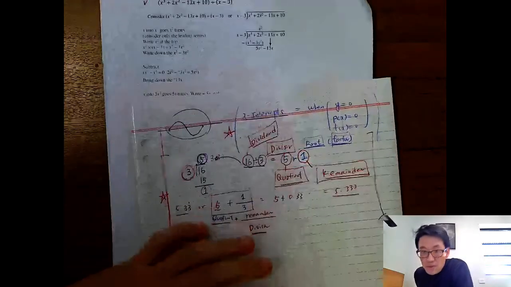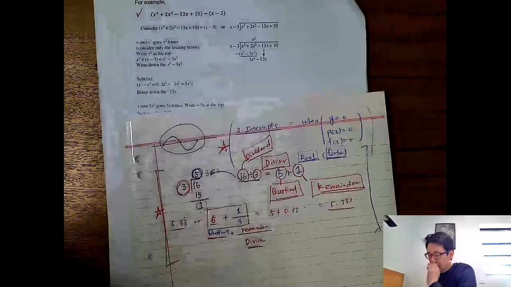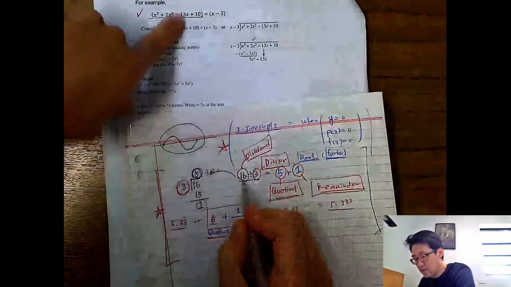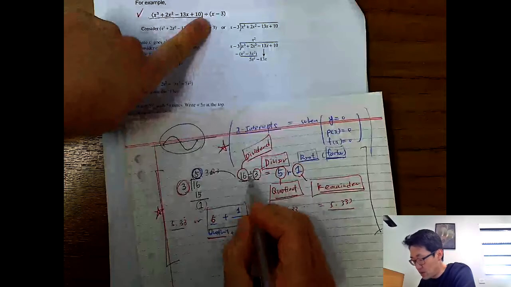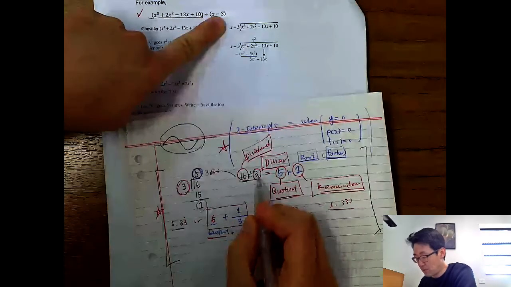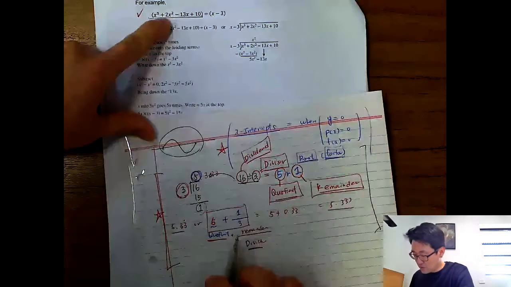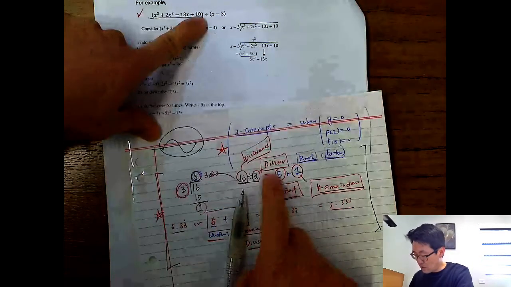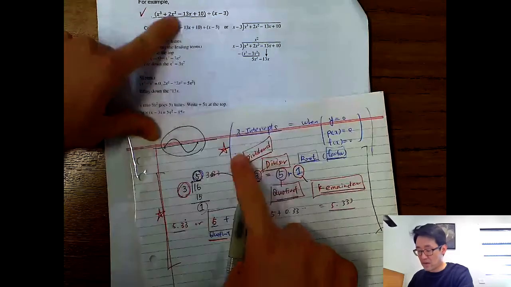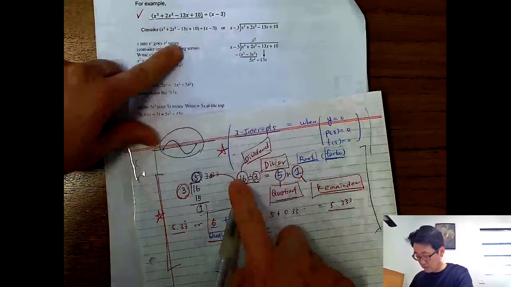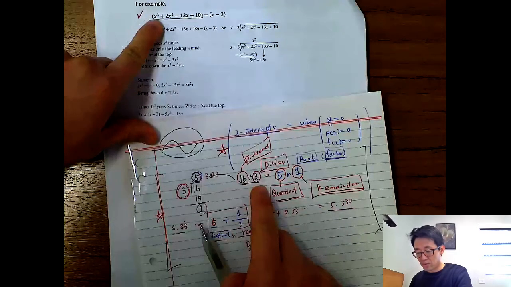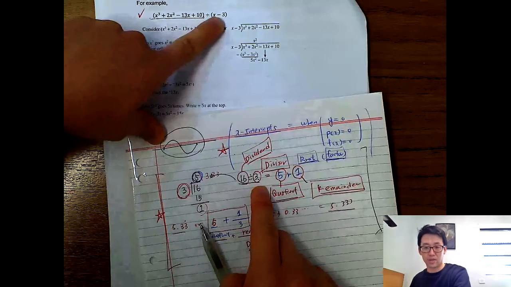For example, it's like 16 divided by 3. I'm just comparing. This is dividend divided by divisor. 16 divided by 3 is like x cubed plus 2x squared minus 13x plus 10 divided by x minus 3.